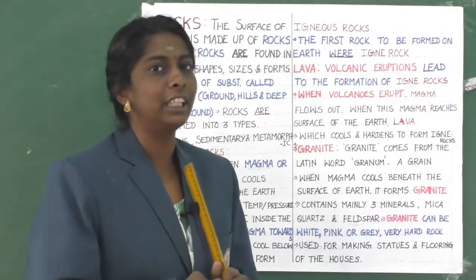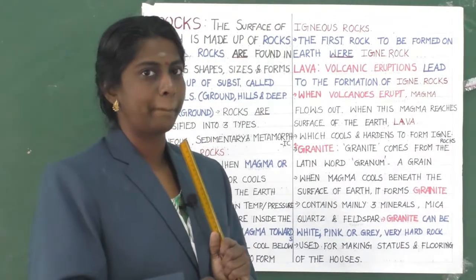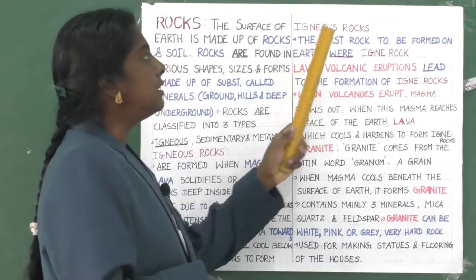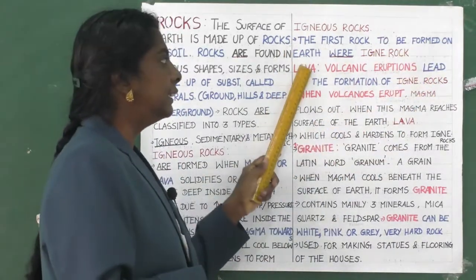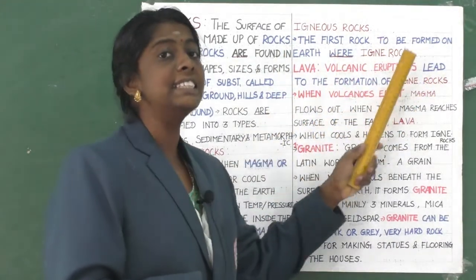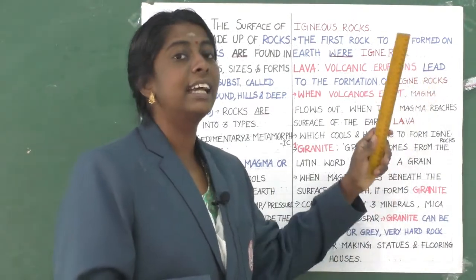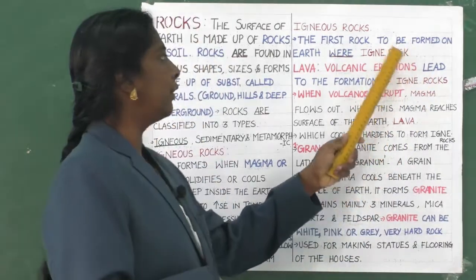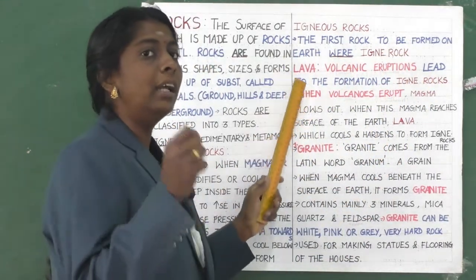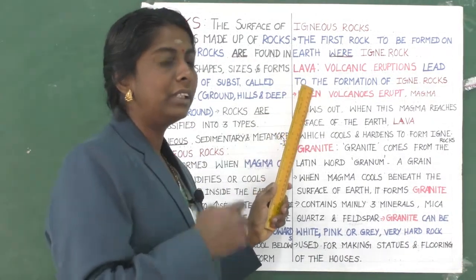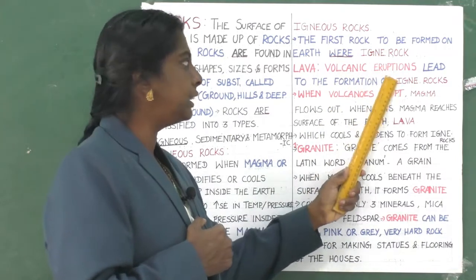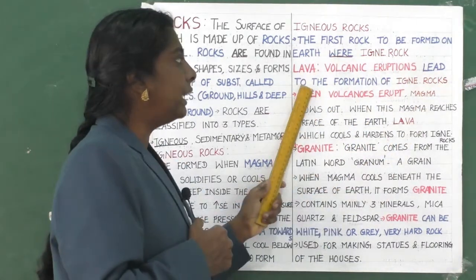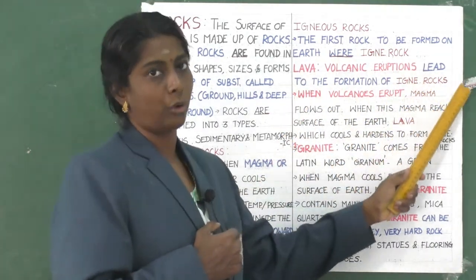Now we are going to learn about igneous rock. The first rocks to be formed on the earth were igneous rocks. What do you mean by lava? Volcanic eruptions lead to the formation of igneous rock.